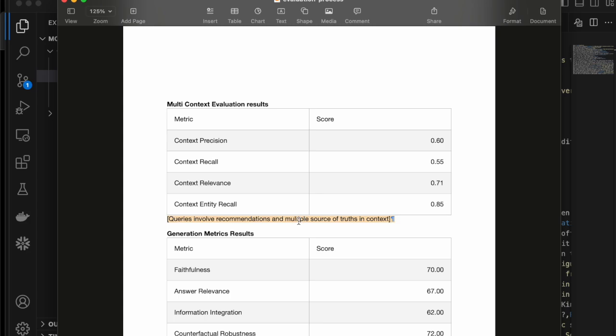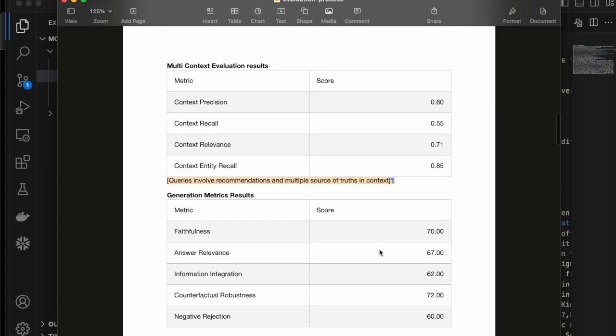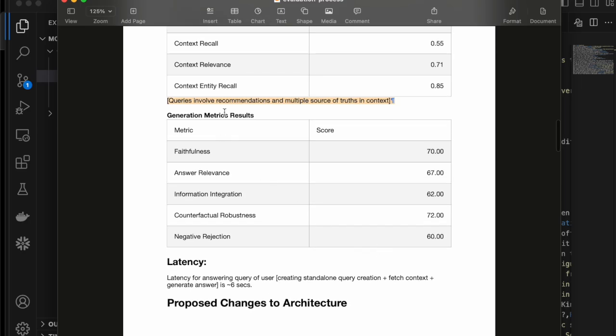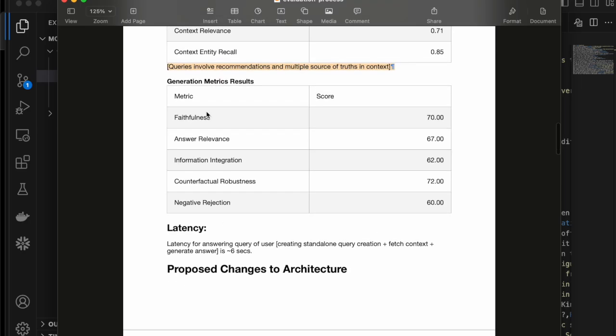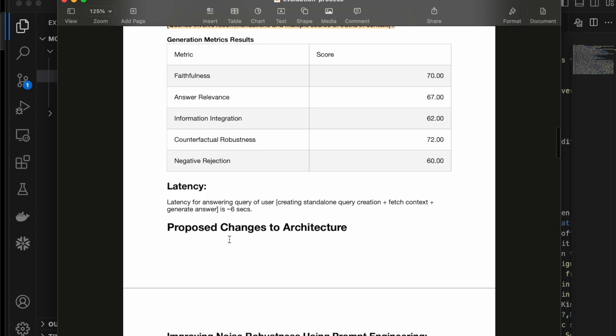Like when we ask our RAG to recommend sci-fi movies, in that case we'll be getting multiple answers. So after curating multiple possible contexts, how many of them are actually matching and such stuff. We evaluated that over here as well and got around these scores. And yep, the generation metric results that we have seen have also been placed in this table.